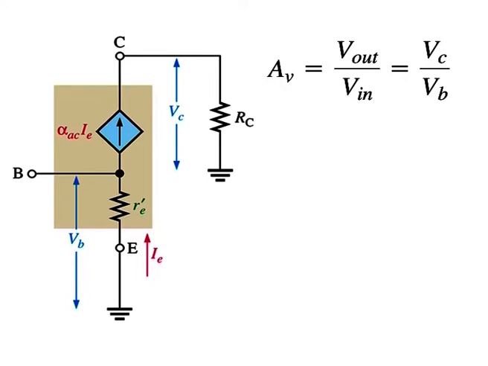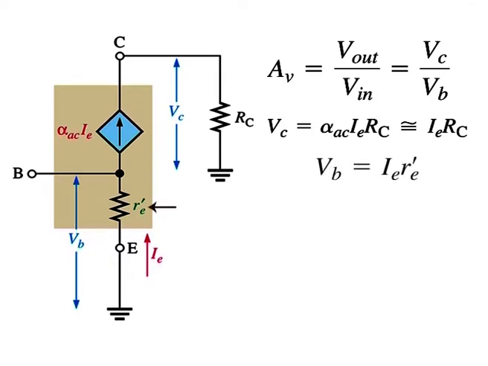Notice in the figure that Vc is equal to alpha AC into Ie into Rc and is approximately equal to Ie into Rc, and Vb is equal to Ie into r'e. Therefore, Av is equal to Ie Rc over Ie into r'e.